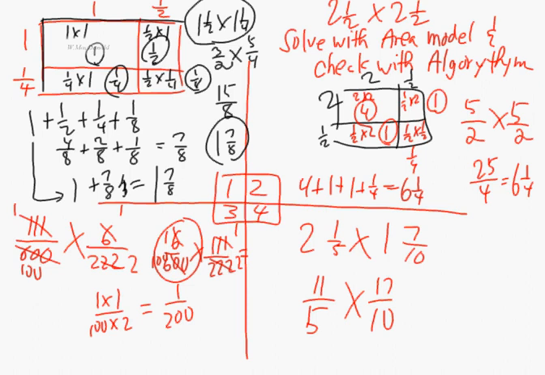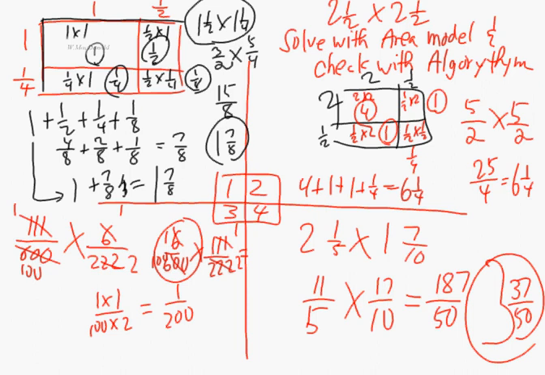No. So I have to multiply my numerators. 11 times 17. 17 times 10 is 170. So 17 times 11 is 17 more, so 187 over 50. Correct? How many 50s in 187 without going over? 3. Leaving you with 37/50 as your answer.